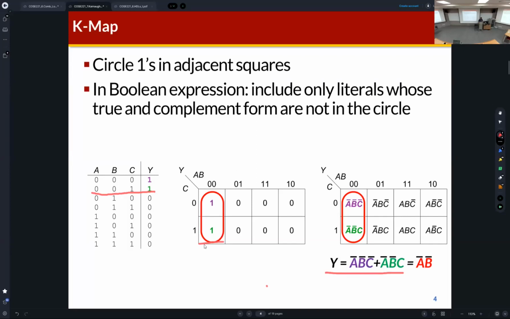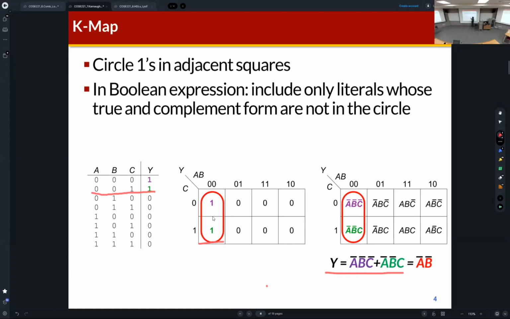In the Karnaugh map, we can find that the 1s are grouped: 1 is here and 1 is here, and we can group these ones because they are neighboring elements. You can see that this column of the Karnaugh map is all 1.